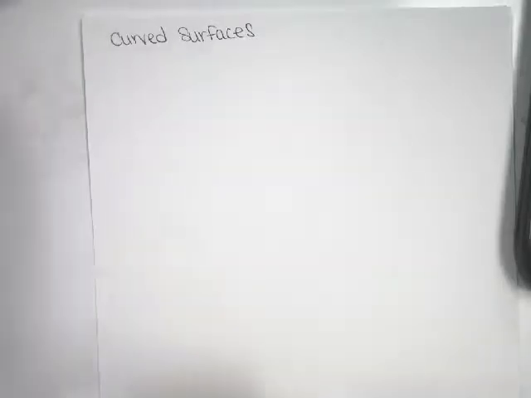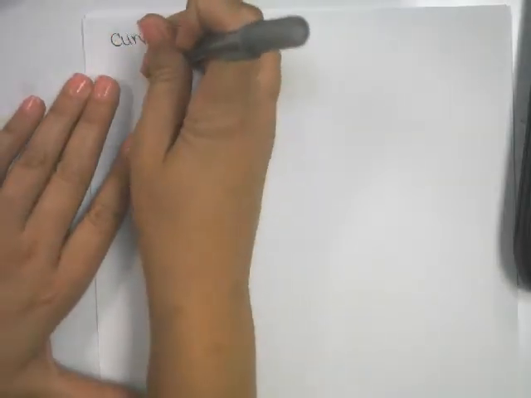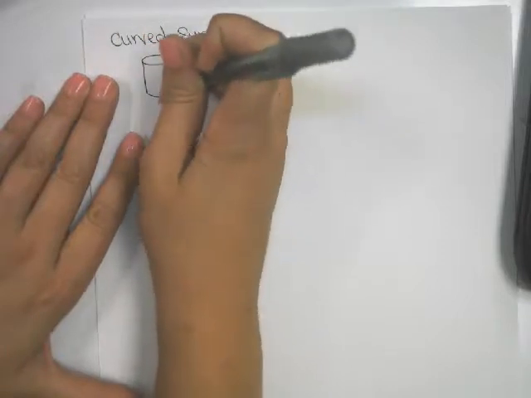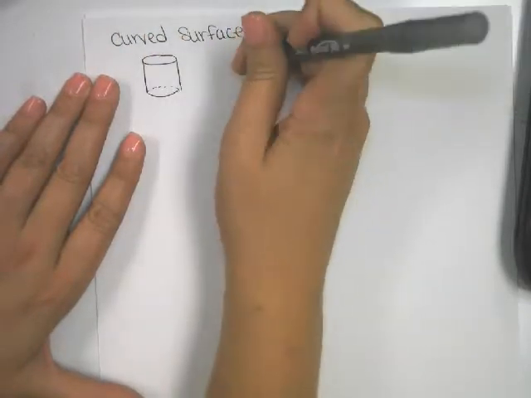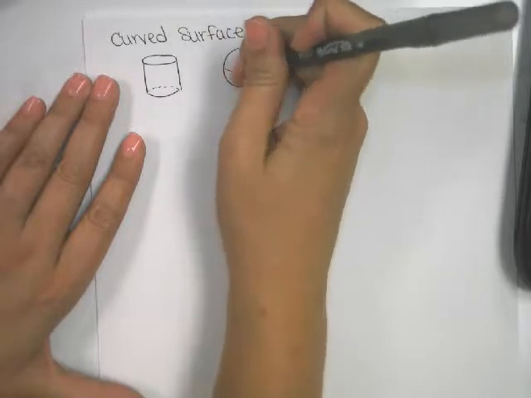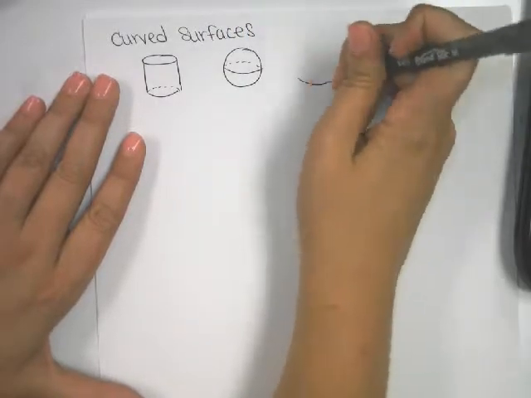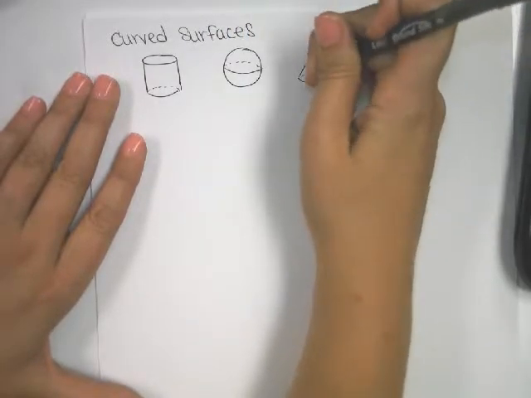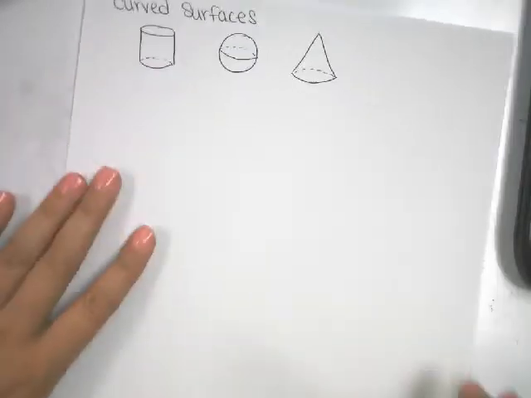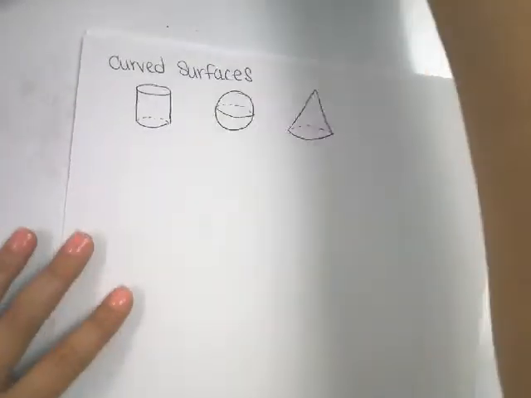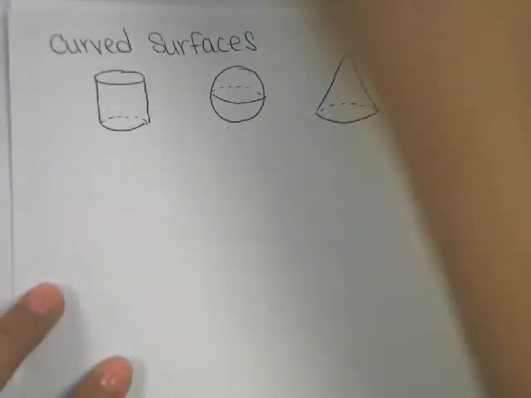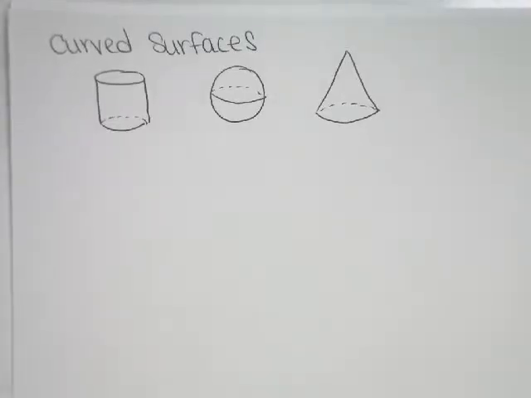Our main shapes that we deal with that have curved surfaces: cylinders, spheres, and cones. So we have 3 different formulas that deal with the surface area of each of these. Your volume formulas are also inside the book, but you probably have a little more practice with those.